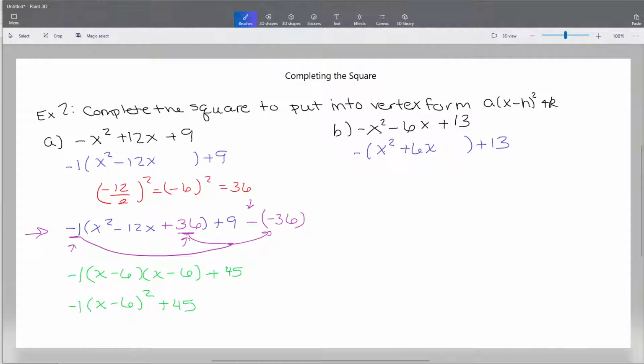Now you can see that in the first example we wrote it out as negative 1 right here, and in this example we just left it as negative. Those are really the same. Then we're going to figure out which number we need to add. So I'm going to take this 6, divide it by 2, and square it.